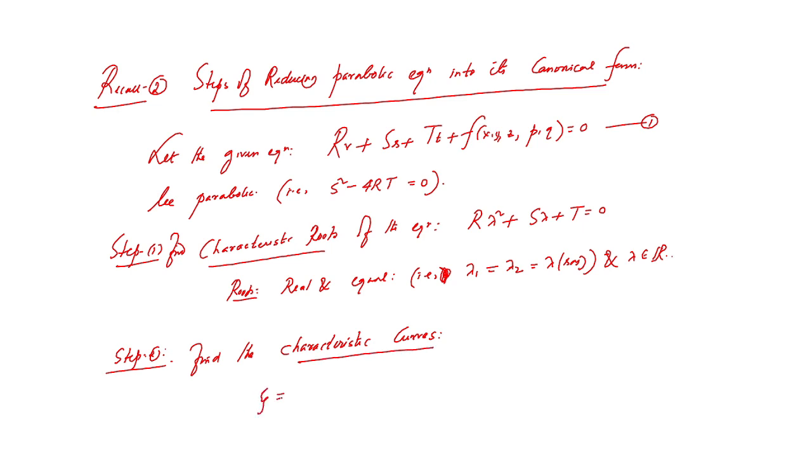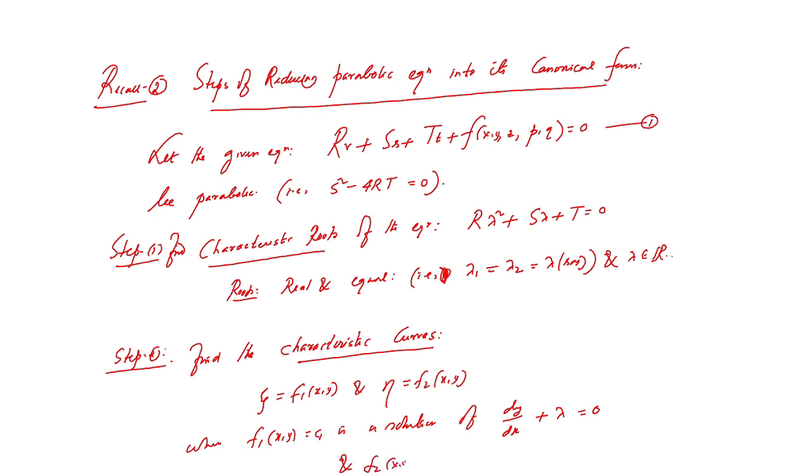So one is xi equals to a function of x, y and eta equals to another function of x, y, where f1(x, y) equals to c1 is a solution of dy/dx plus lambda equals to 0, and f2(x, y) equals to c2 is chosen such that the Jacobian del(xi, eta) by del(x, y) must be non-zero.